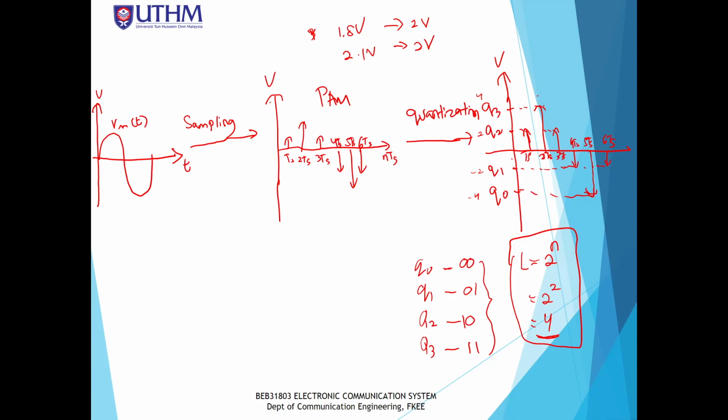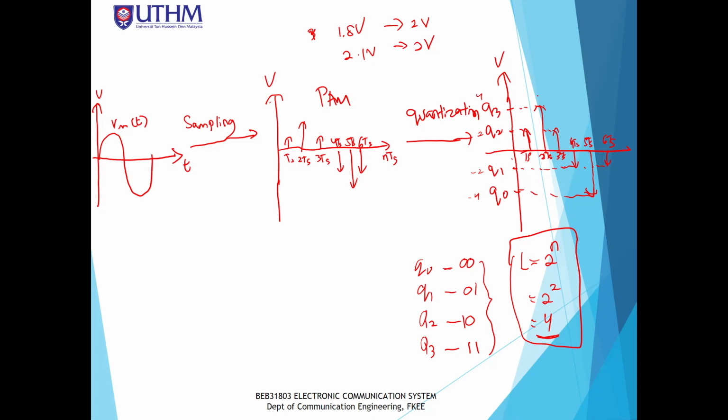And remember, the higher the number of levels, the better. Normally the number of bits can be wider, for example, you can use 10 bits, 20 bits. So a higher number of bits can be used in the system.